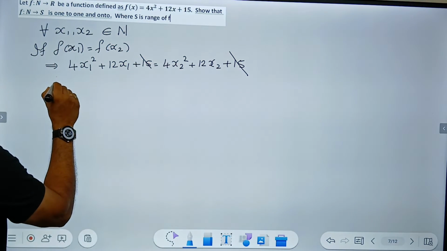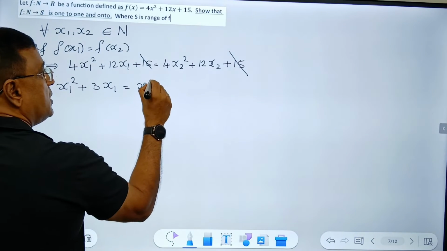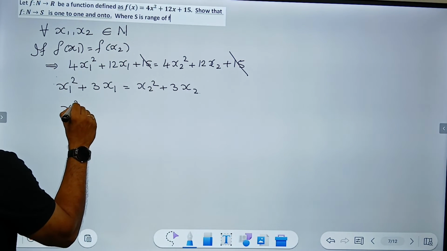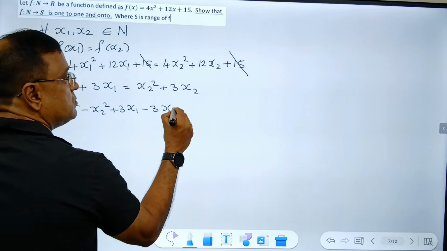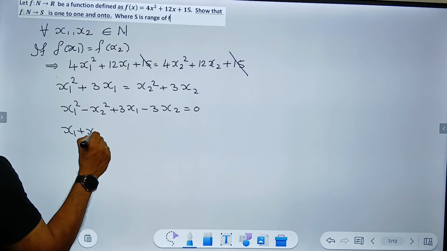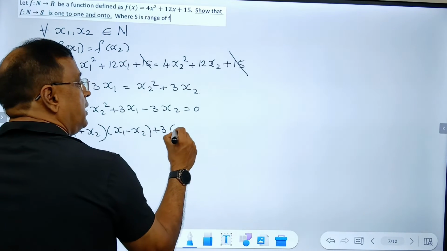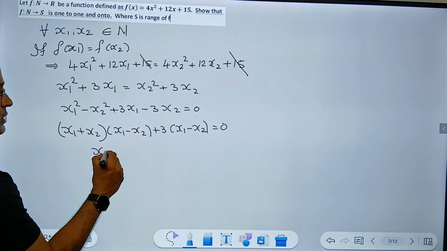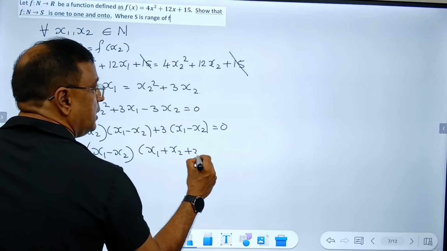So I get x1 square plus 3x1 equal to x2 square plus 3x2. Now you have x1 square minus x2 square plus 3x1 minus 3x2 equal to 0. I brought all the terms to one side. So this is a plus b into a minus b, and 3 is out, you get x1 minus x2 common. I will get x1 plus x2 plus 3 equal to 0.